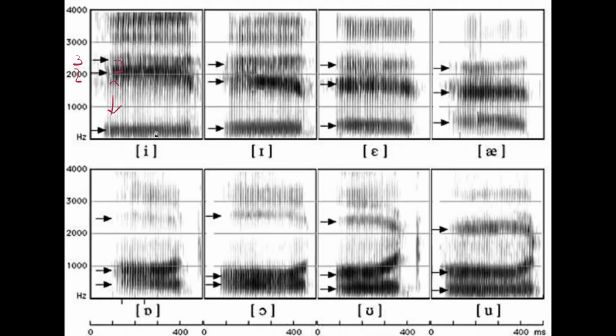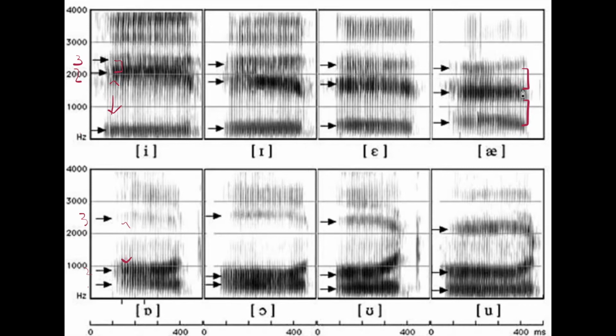For back vowels, formants 1 and 2 are close together, while formants 2 and 3 are wide apart, just like in this picture. Lastly, central vowels have an equally spaced relationship between formants, just like in this picture. As you can see here, they are equally spaced between formants.